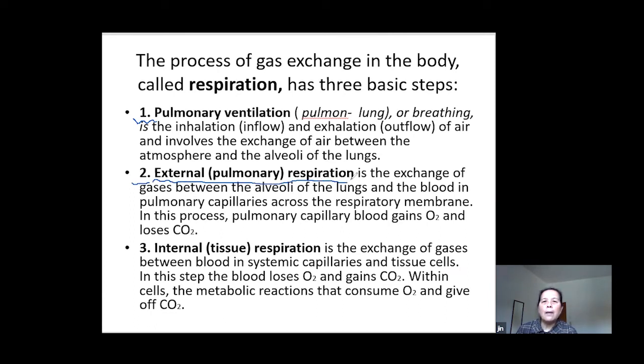That's basically the air exchange that happens between the alveoli and the blood vessels. So that's the second step.